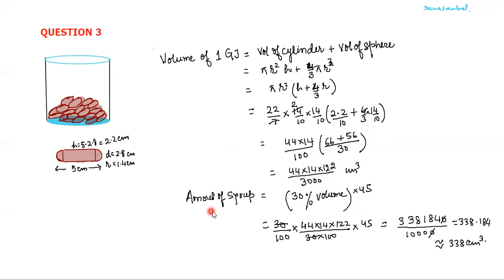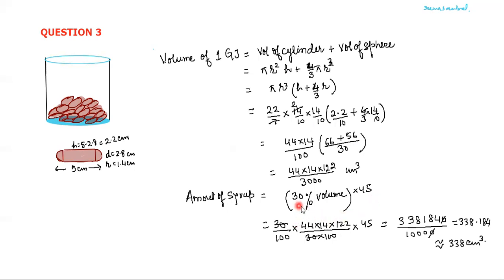Now, amount of the syrup in one gulab jamun, he is saying 30% of the volume of the gulab jamun is the syrup. But we have 45, so we will multiply it by 45 to get the total amount of syrup in all the 45 GJs that you have.